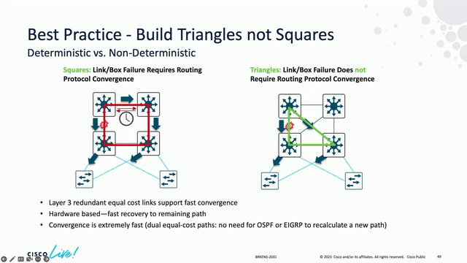That will always be slower than having pre-programmed information in our hardware tables, which allows us to choose the alternative path in the fastest possible way. One of the best advantages of this is that we don't need to recalculate any path. We don't rely on OSPF or EIGRP to tell us what the alternative options are.